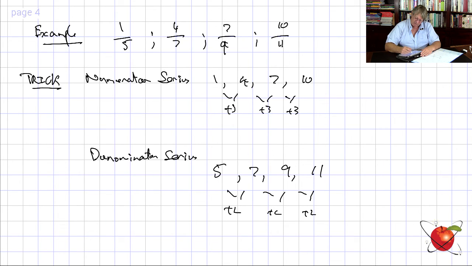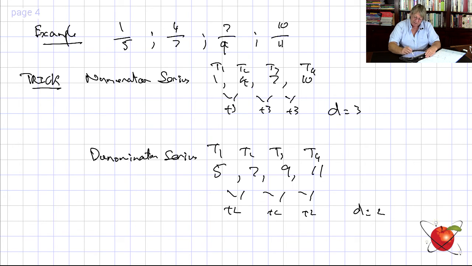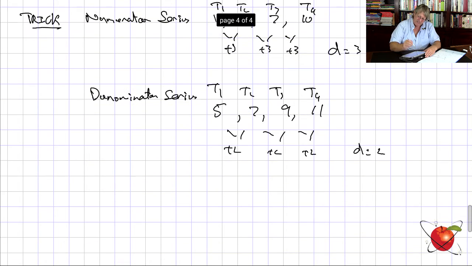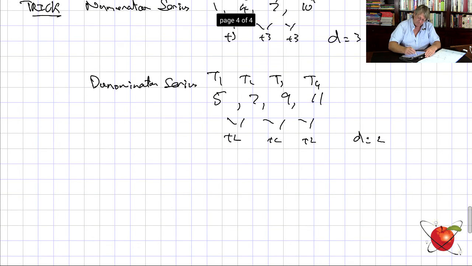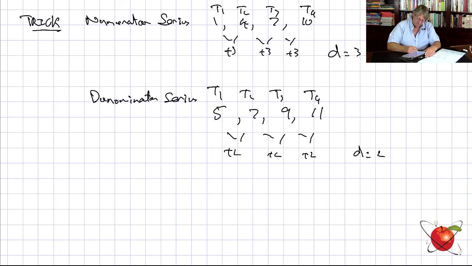So there I've got T1, T2, T3, T4, T1, T2, T3, T4. Therefore, D is equal to 2, D is equal to 3. Now I can work out the general formula for the numerator.